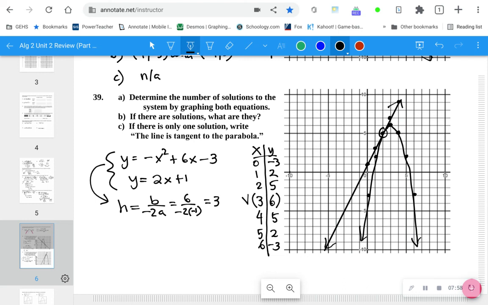Okay, and you can see that this only hits it once, and we'll answer that. One solution. Part B, what is that solution? That point up there is 2, 5. And part C does apply. You write the line is tangent to the parabola.